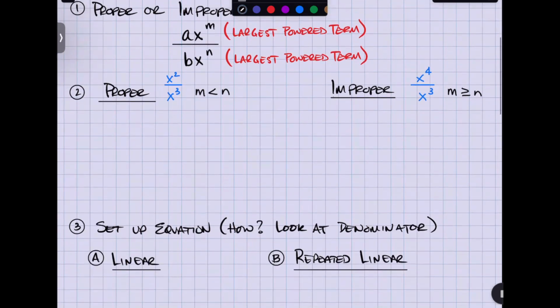Now, when we have a proper fraction, we're going to go ahead and just factor the bottom.